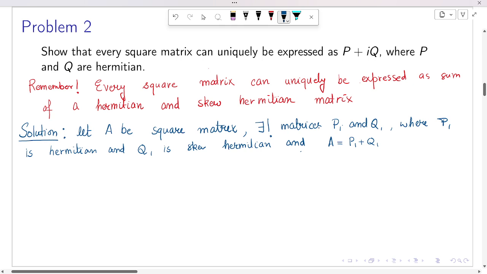Now A is sum of a Hermitian and a skew Hermitian. But we want to write A as sum of P plus iota Q, where P is Hermitian and Q is also Hermitian. Now let us try to modify this sum.